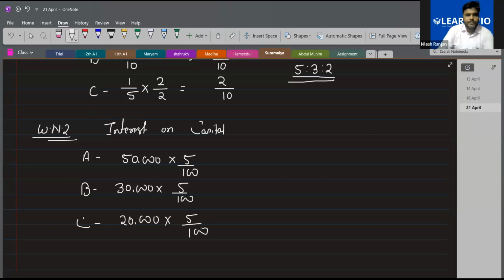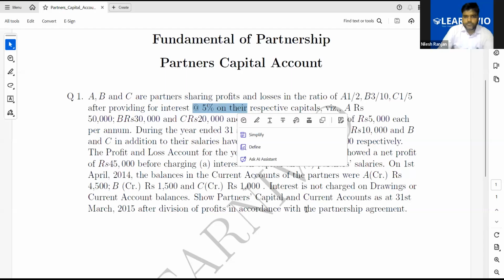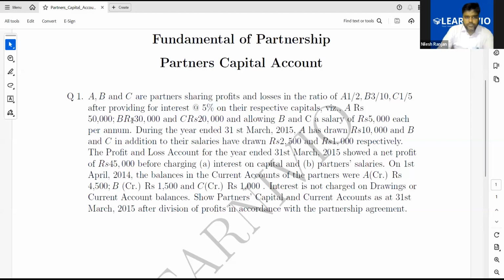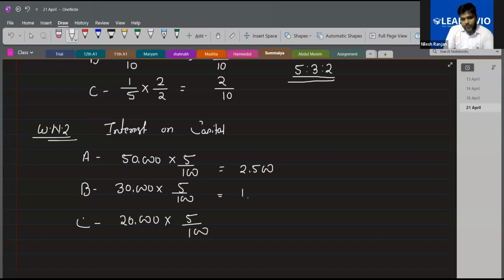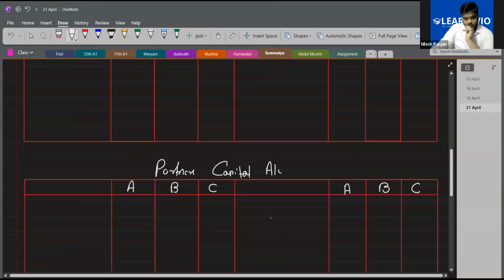Okay. 50,000, 30,000, 20,000. So the amount will be 2,500, 1,500, and 1,000. So this will go in profit and loss appropriation account and current account.